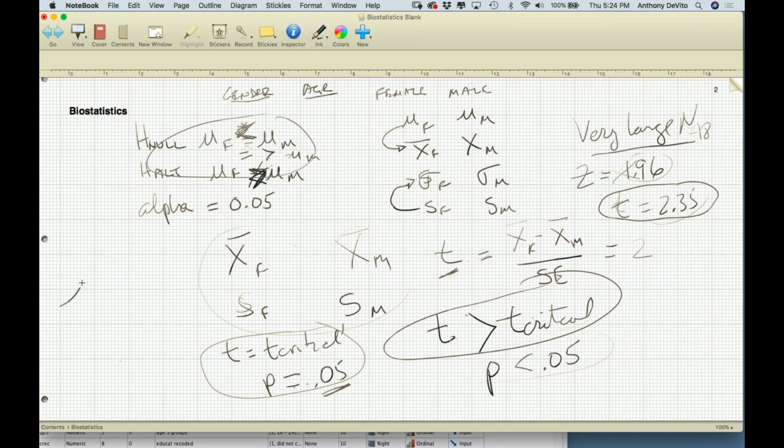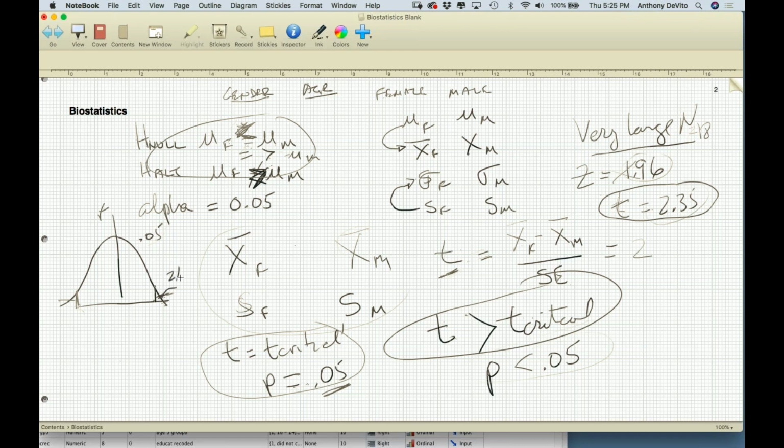Why is that? The reason is that, let's say this is the average age for females over here. When I want to prove with less than 5% chance of being wrong that the average age for females is different from males, and I take another sample, then I need the male's age to be either above here or below here, so that only 5% of the time I'll get that extreme a value if I took a sample from females.